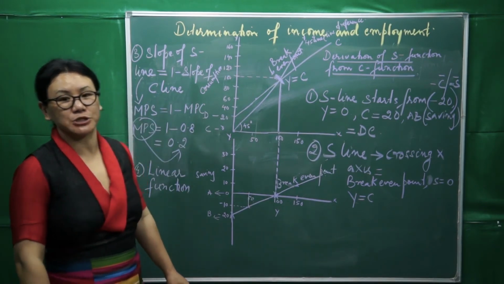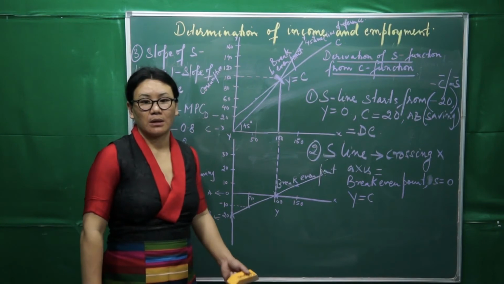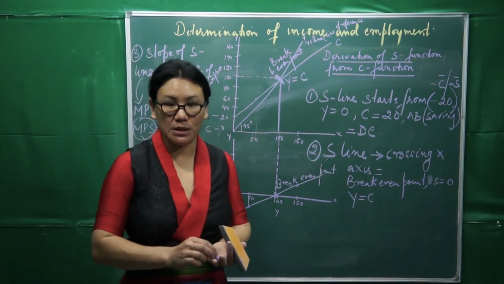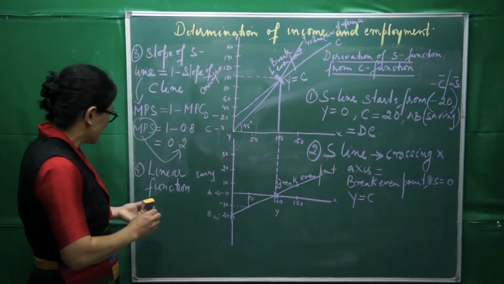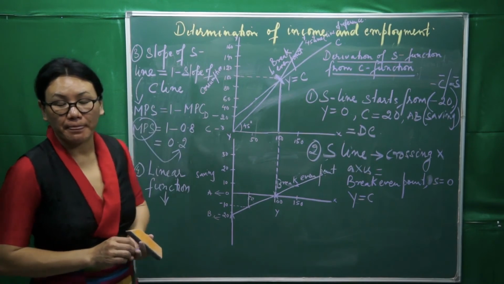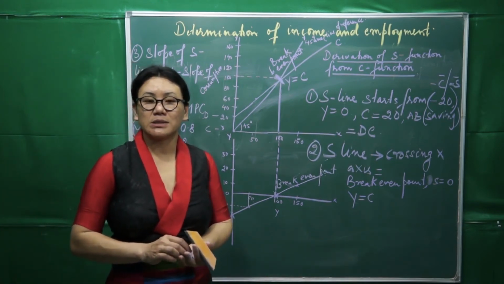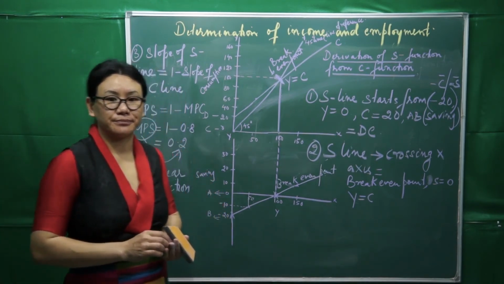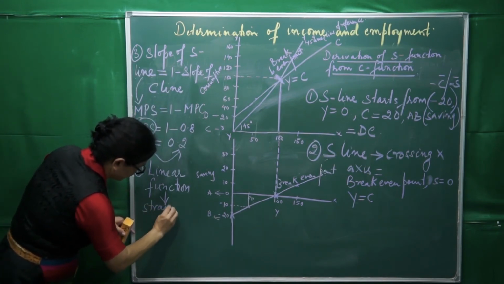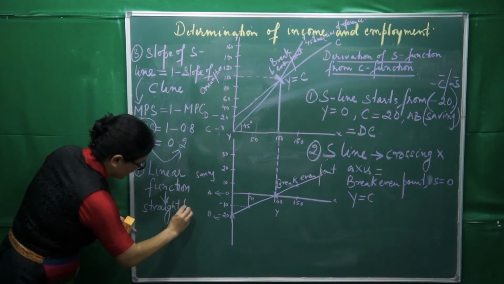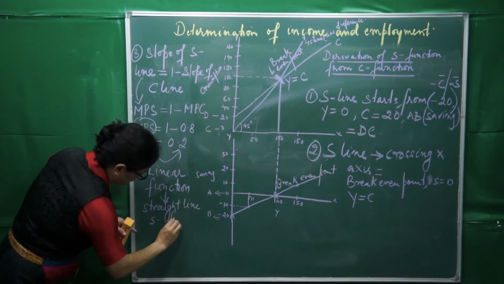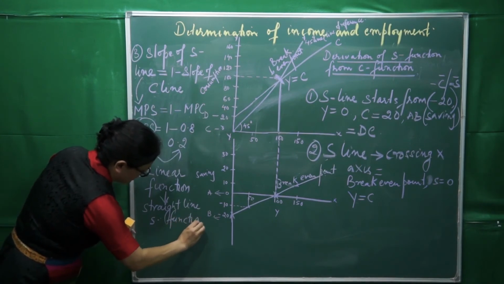Linear saving function, we can say. S line is a linear function. What does it mean? It means it is a straight line. So we can say here, a straight line saving function.